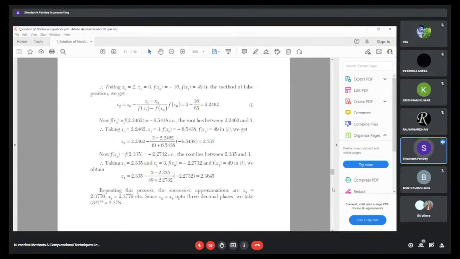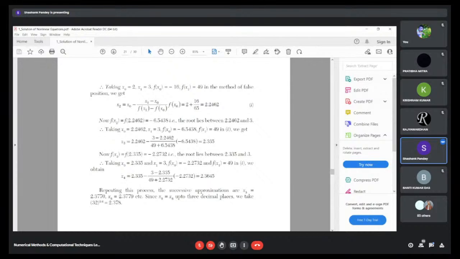So this approximate root, since it has been asked for 3 decimal places, we will write this value after rounding as 2.378.